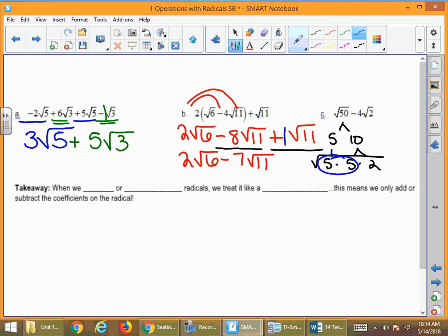Well, 2 of the same value means that the square root of 50 can become 5 times the square root of 2. And then our next term is minus 4 square root of 2. And when we finish, 5 minus 4 is 1 square root of 2. No, you don't need to write the 1. 1 square root of 2 is fine if you just write the square root of 2. That is fine as well.